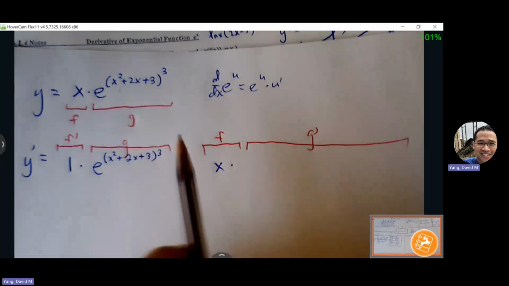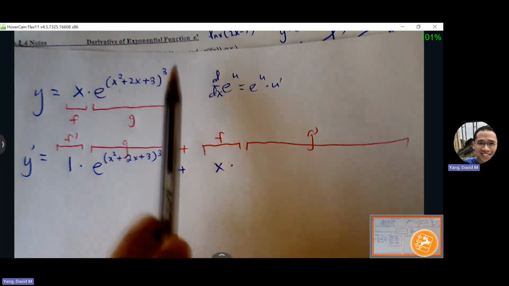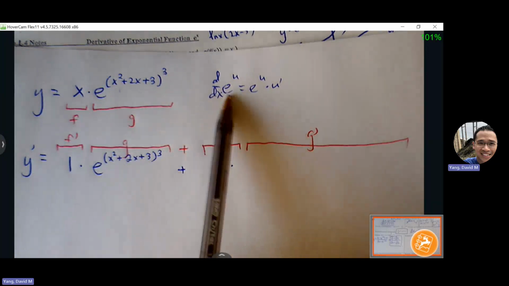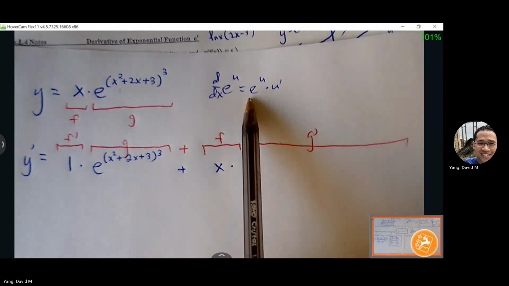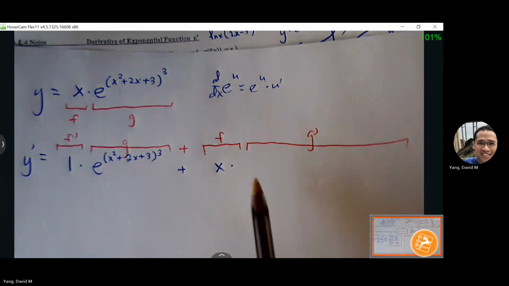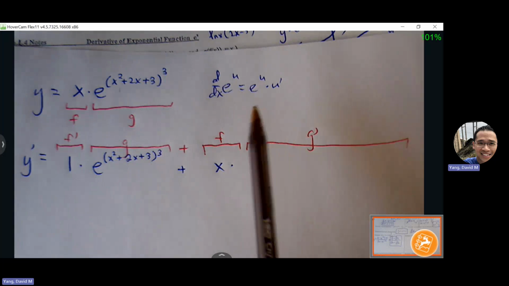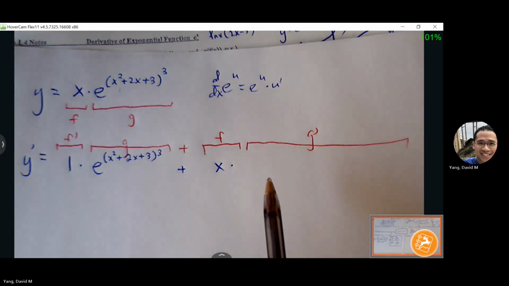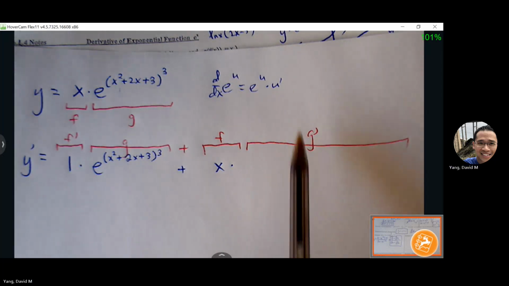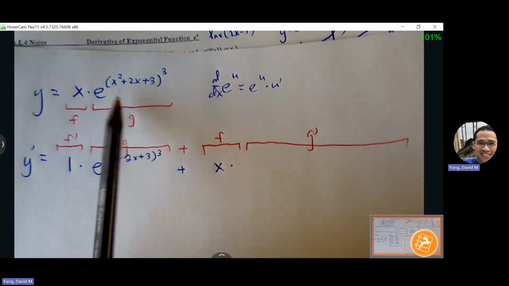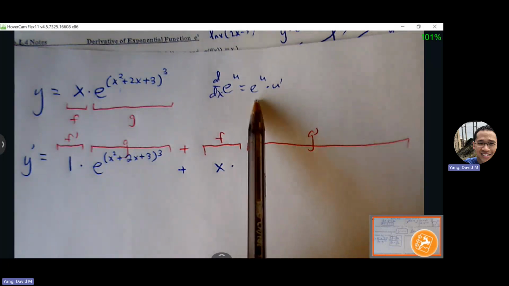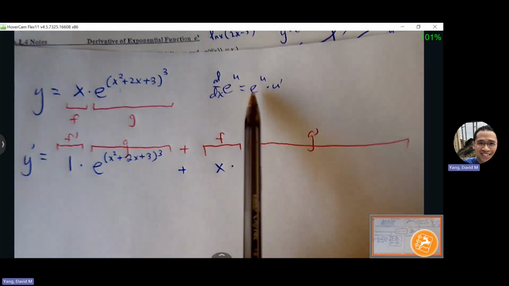All right, so now we have an extended chain rule here. The derivative of e to the u is e to the u times u prime. So what comes first? How would you start off? The chain rule comes first. Okay, well, what does the rule say? The rule says the derivative of e to the u is what?